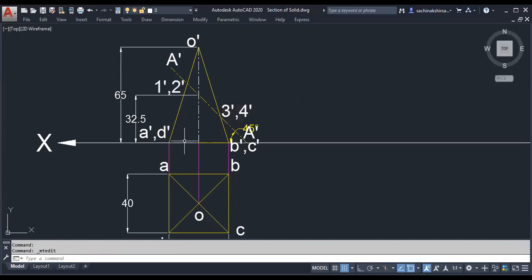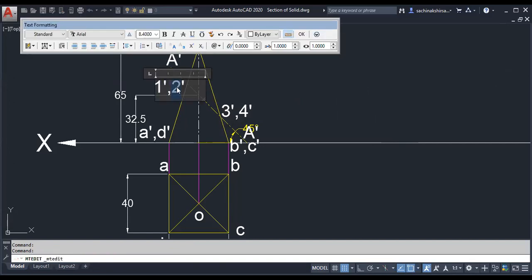So these points we have to locate in the top view. Means 1 dash 2 dash, 3 dash 4 dash. If we go serially, O dash A dash will give 1 dash, and O dash D dash.